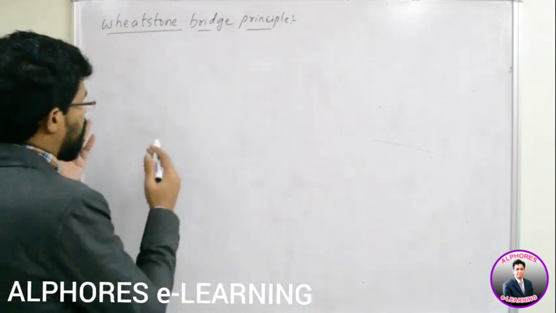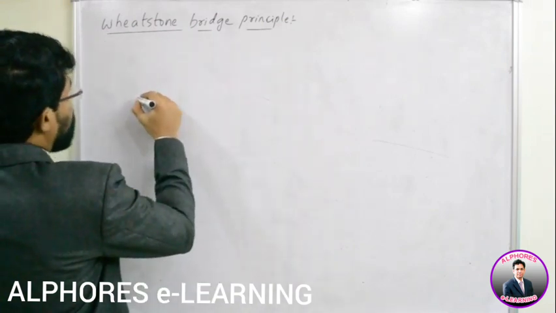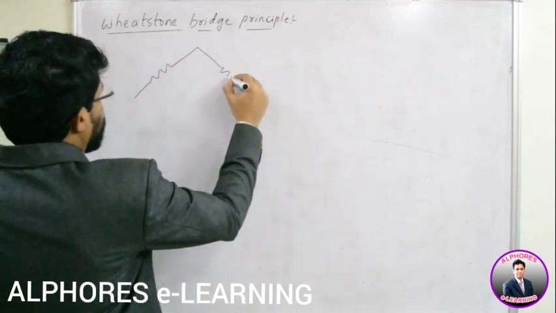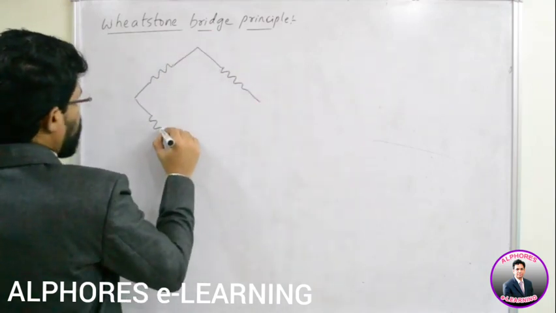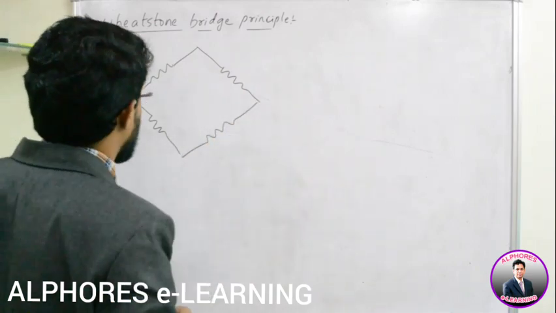Let me first draw the bridge circuit diagram. This is how the Wheatstone's bridge appears. We'll have four resistors, something like this.